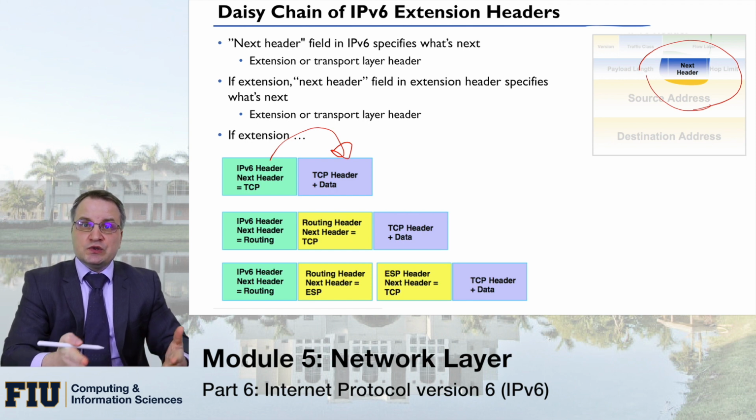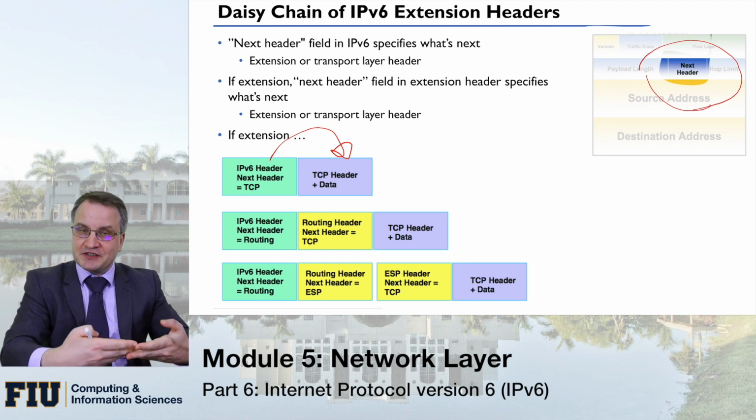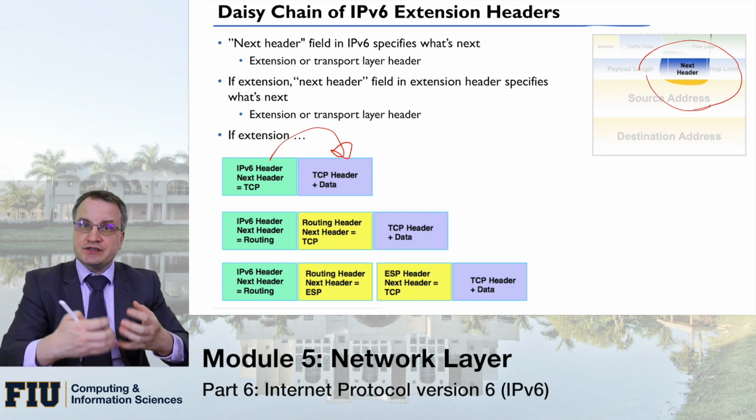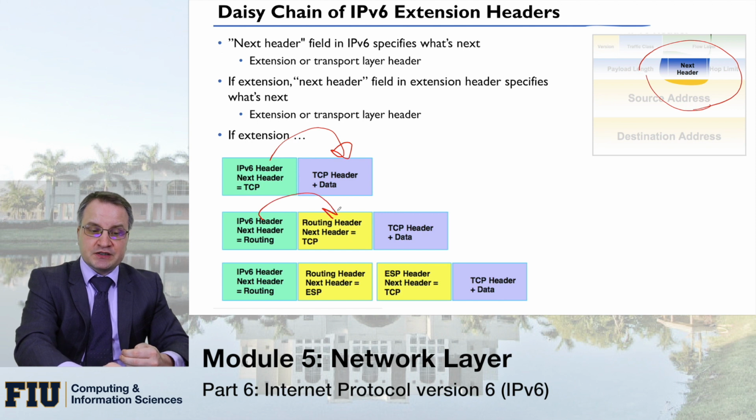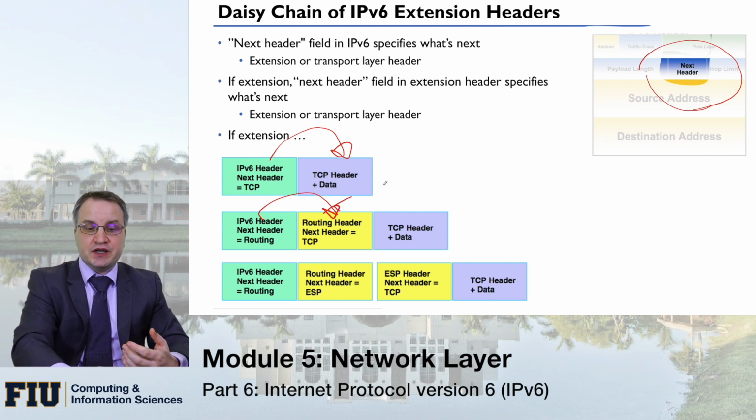If you want to include something optional, for example this routing header, then as part of the next header field in the IPv6 header, you include that the next header is this extension. And in all extensions, there's exactly the same next header field that can point to the next TCP header.